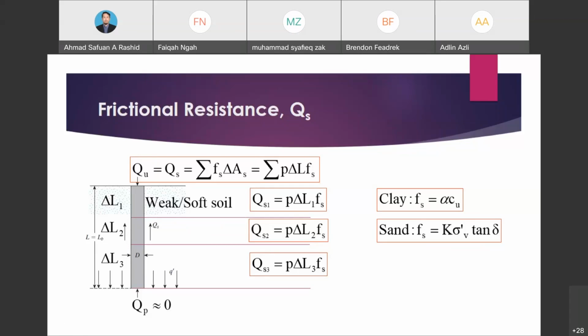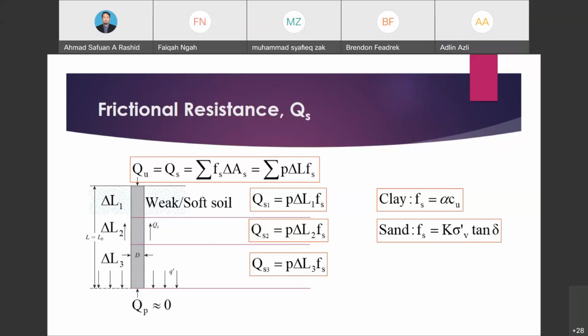Okay. So normally lepas awak dah design ni, kat site dia akan buat sama ada maintain load test ataupun pile dynamic analysis punya PDA punya test untuk tengok betul tak calculation ataupun betul tak capacity yang boleh ditahan oleh pile.